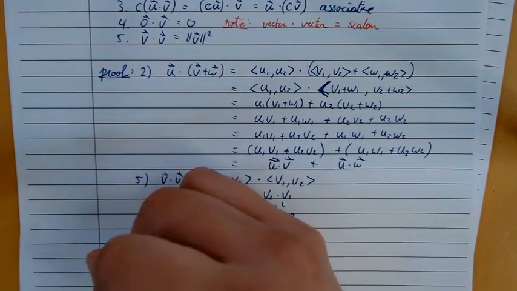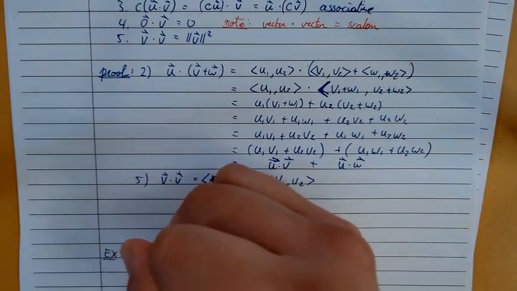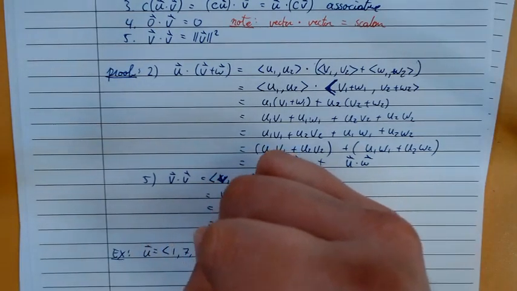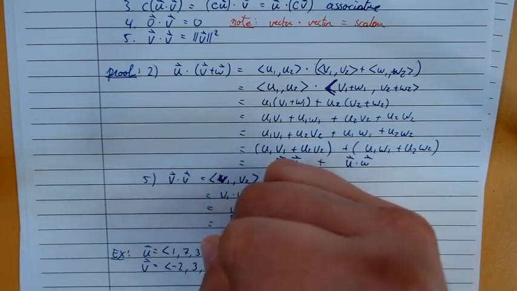As a single quick example of finding a dot product, let's say U is equal to 1, 7, 3, and let's say the vector V is -2, 3, 1.